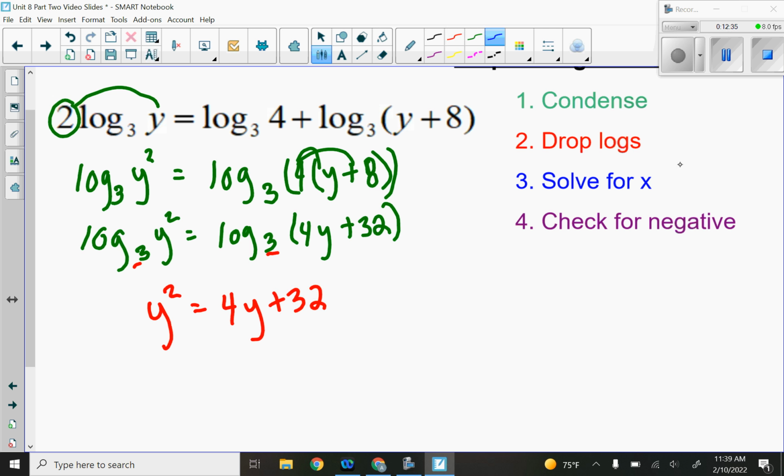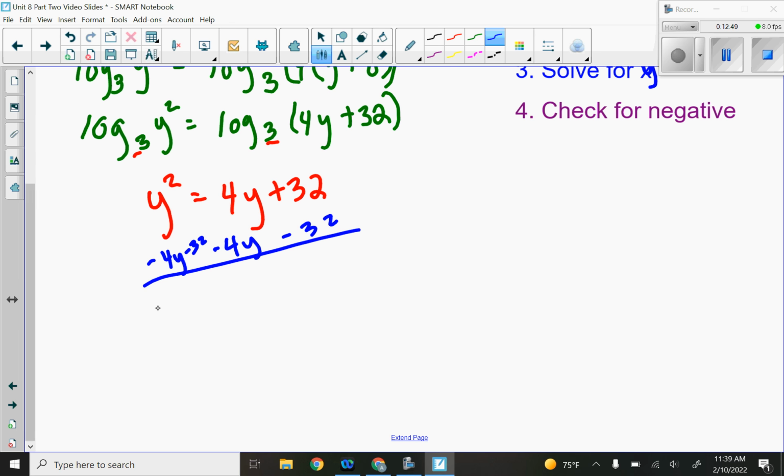Solve for x. In this case, we're solving for y. I'm going to subtract my 4y and my 32 on both sides so that we get y squared minus 4y minus 32 equals 0.